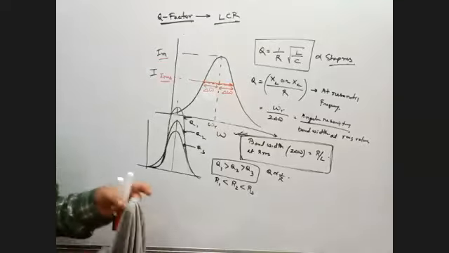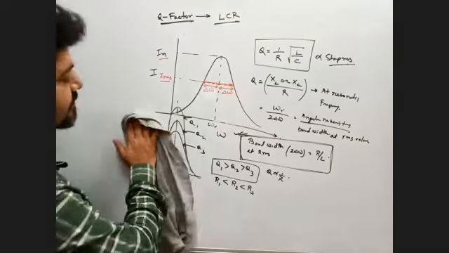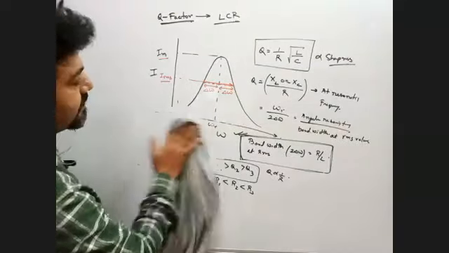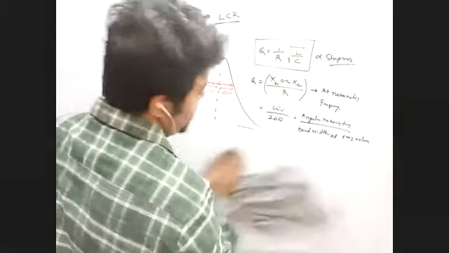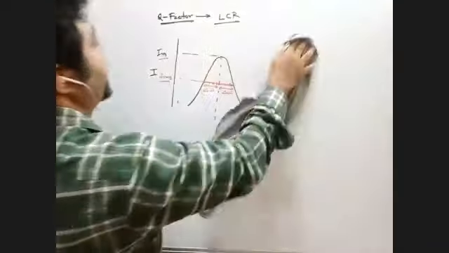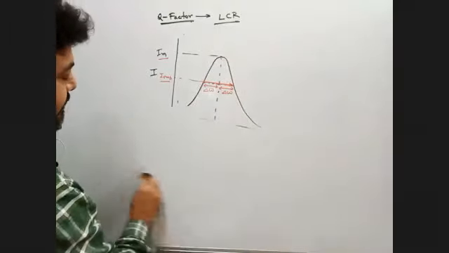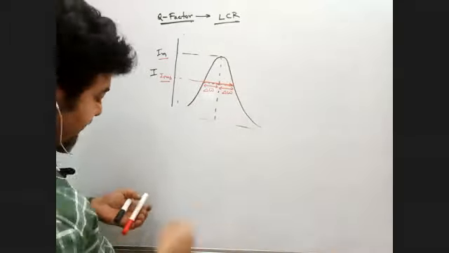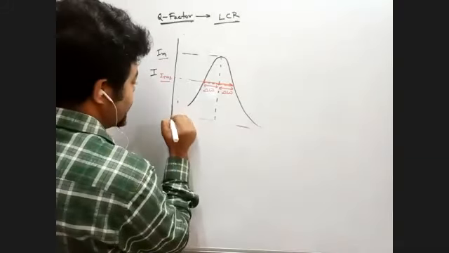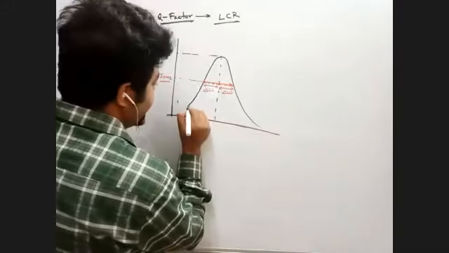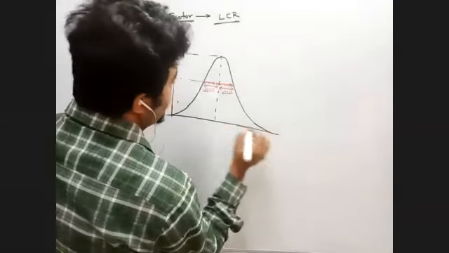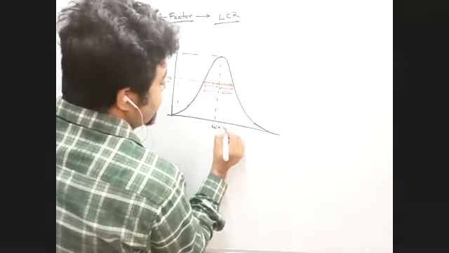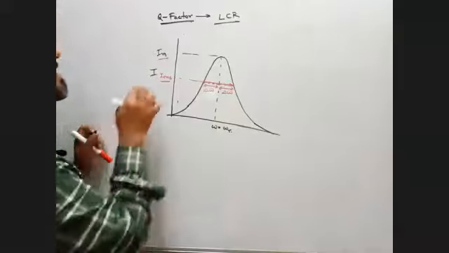Now the derivation part. For derivation part, as it is there in your NCERT book, so it's important. This is omega equals to omega R. This is the maximum value.